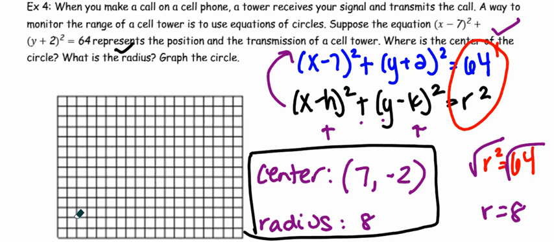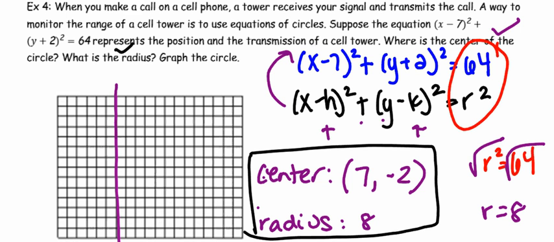So I gave you this graph. I'm going to add my own x and y axis to it. And let's see, you have to be able to go left, right, up, and down 8 from your starting place. So I think I'm going to put this maybe in the middle.